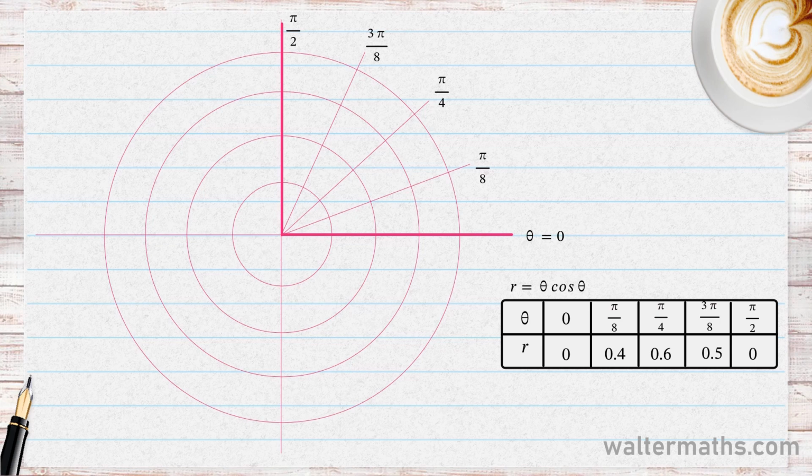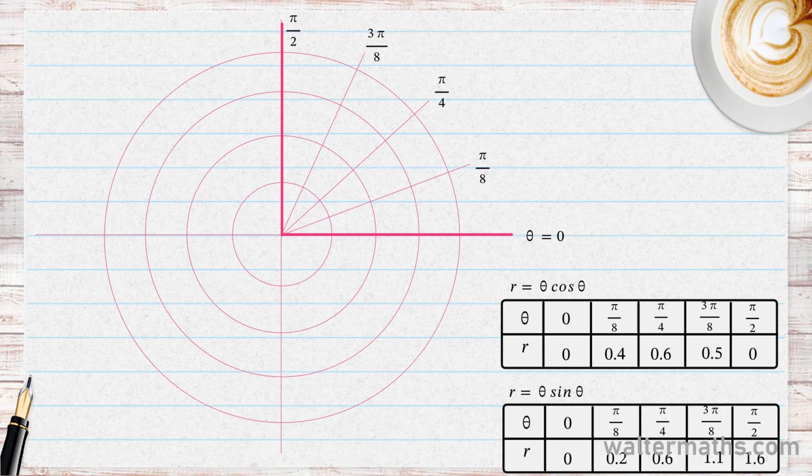And for the graph r is equal to theta sine theta, if I substitute the values of theta into this equation, then I get the table of values coming out like this. So we now have the two tables of values, and we can now make a plot. Now the r values will start from 0 all the way up to 2. So let's start with the graph r is equal to theta cos theta. When theta is equal to 0, r is 0, so the point is this one.